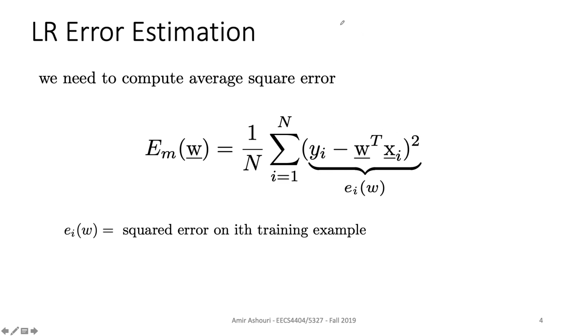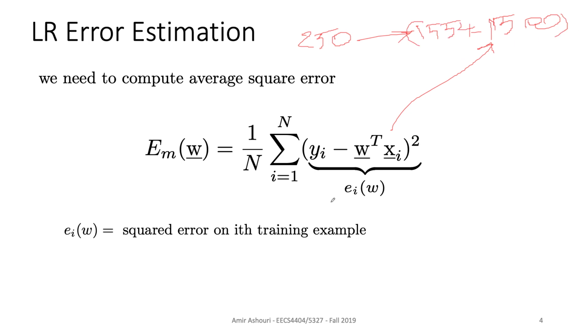Say at your 250th iteration, you predicted 1500 as your credit card line, and the actual one was 1554. So you deduct these and square the difference, and that's going to be your e_n(w) at iteration 250, right?